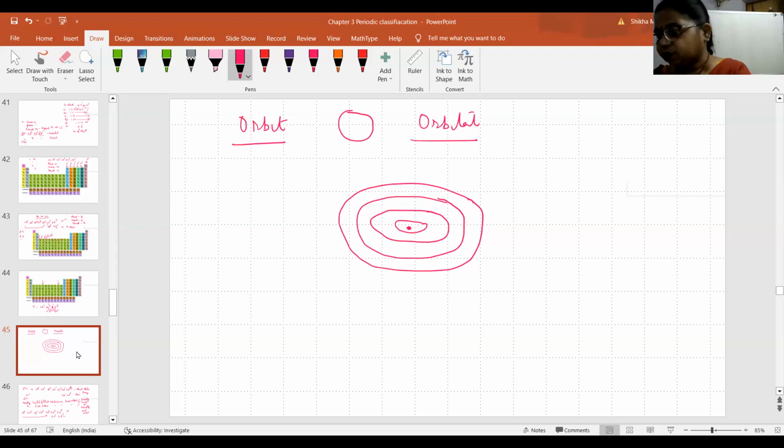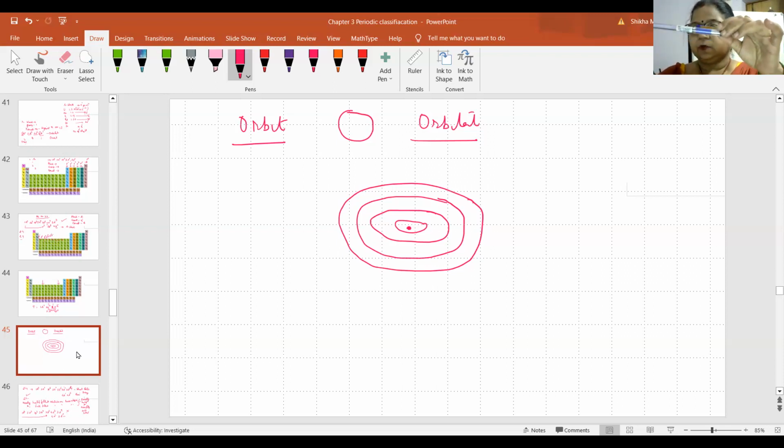See, I'm trying to recreate what an orbit or an orbital looks like to you. They are in two different planes, right? If orbit is in this plane, assume it to be an ellipse for the time being. Then suppose it is a fourth orbit. I believe all of you can see this. Can you see my hand?